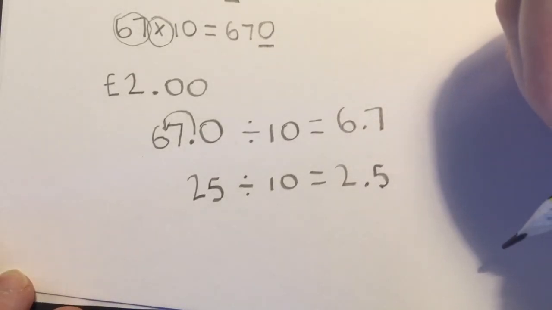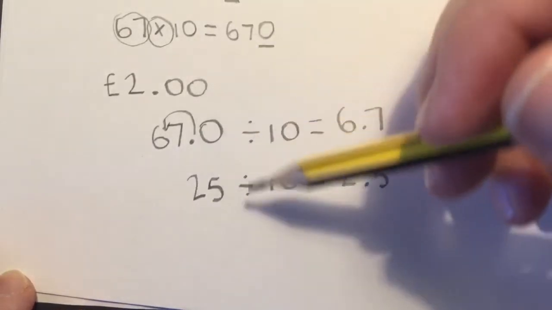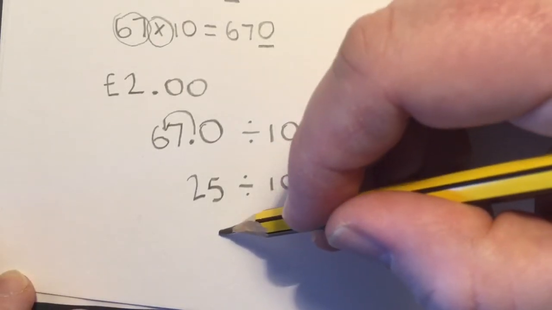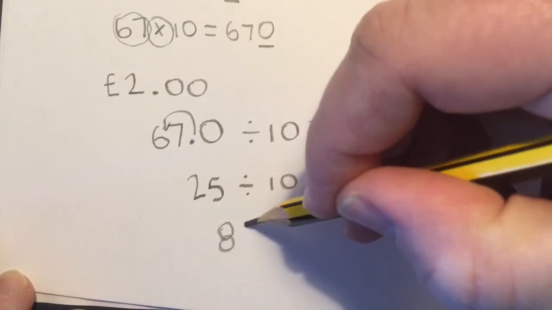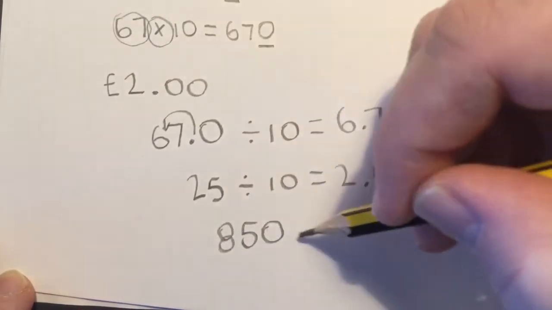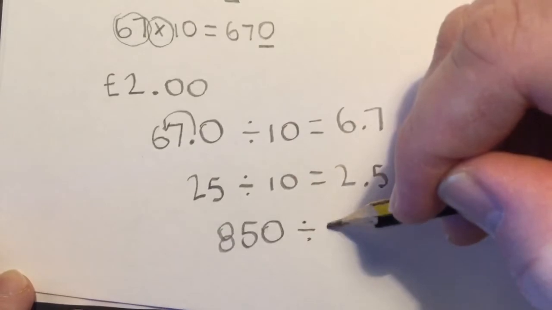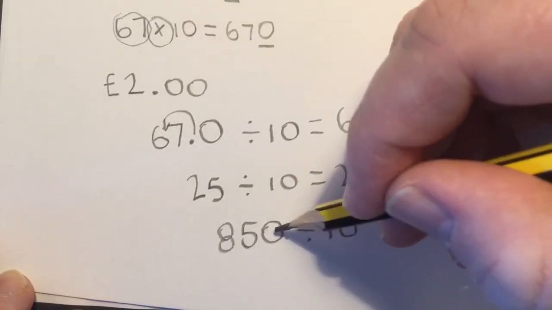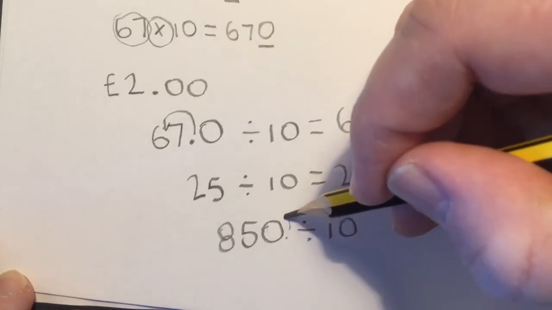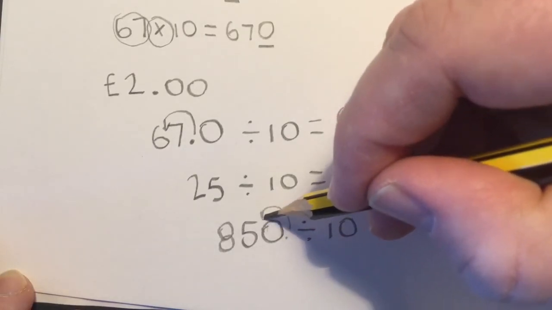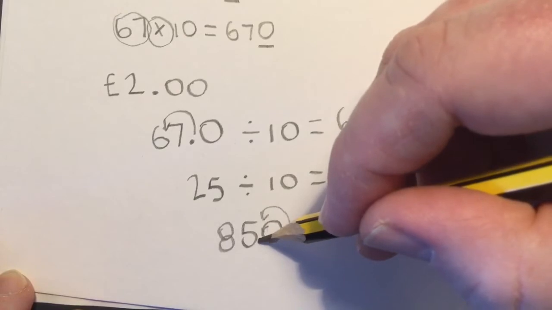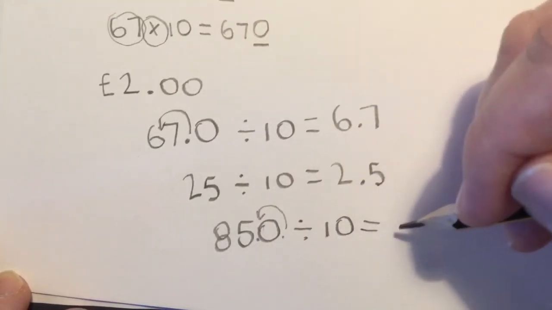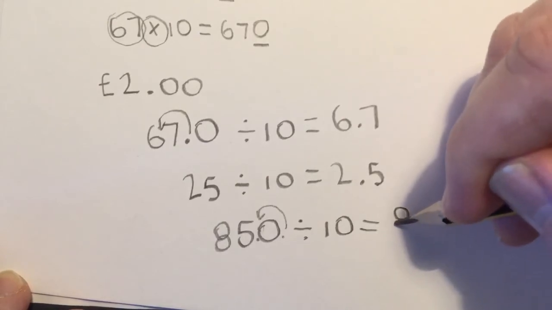If we try another example, maybe something in the hundreds, so 850 divided by 10, our decimal point is still here at the end, we just don't write it down, and it still only jumps just the once, to this point here. So it doesn't become 8.5, it becomes just 85.